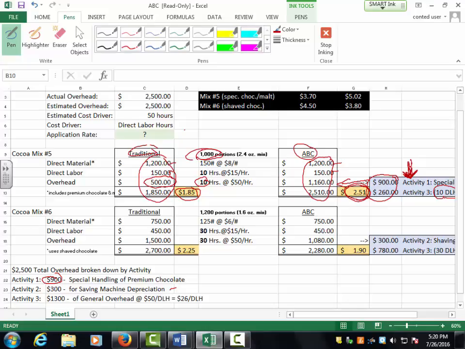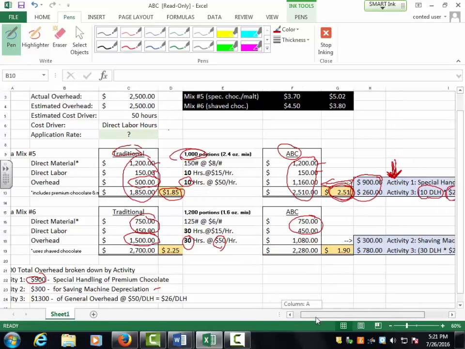Our prices changed. If we look at cocoa mix number 6, we see that the 750 and 450 are the same, but the overhead changed. Under the traditional approach, 30 hours of labor at the application rate of 50 is 1500.